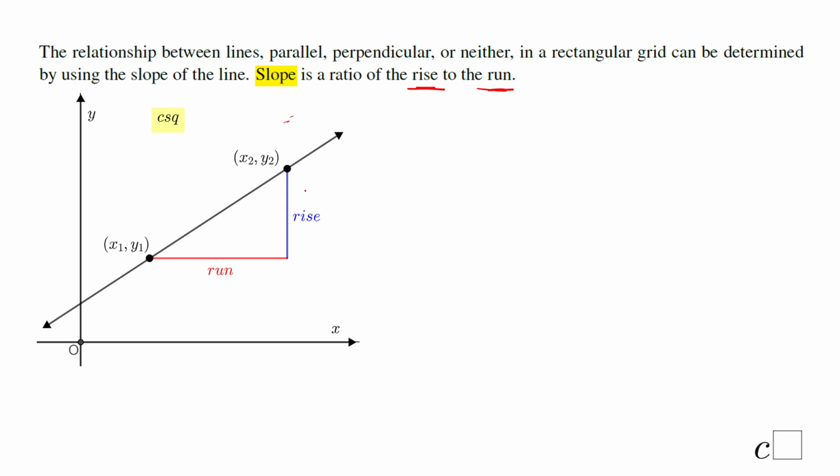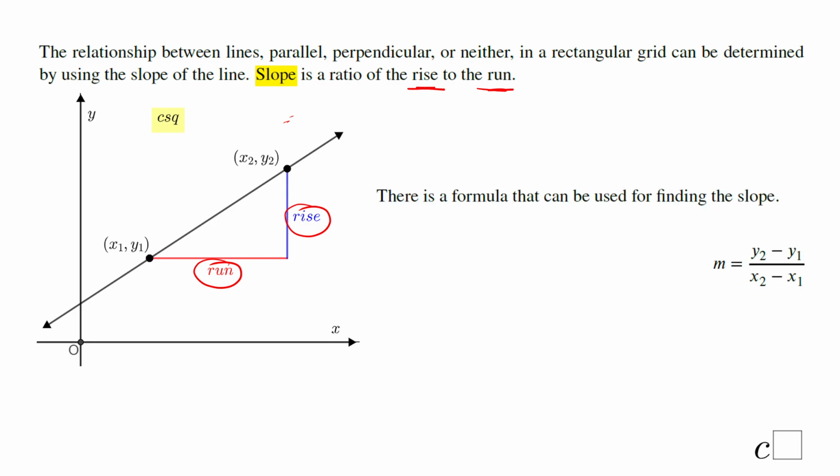The rise is the y change, and the run is the x change. There is a formula, which you'll see right here: m equals y2 minus y1, the y change, over x2 minus x1, the x change. Rise over run, as I said before.